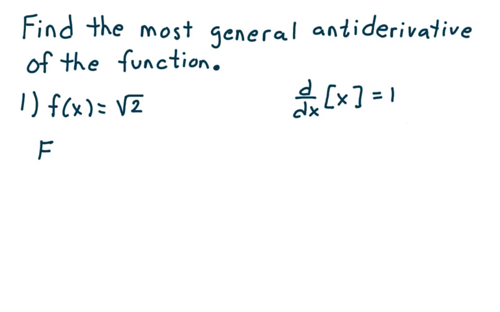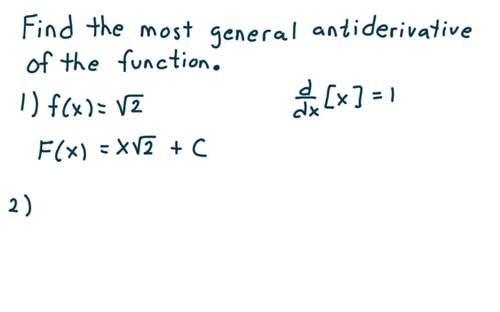So capital F of x will equal x times the square root of 2 plus some constant c. So remember, we're trying to think of a function whose derivative is square root of 2. And don't forget, the derivative of x with respect to x is 1.